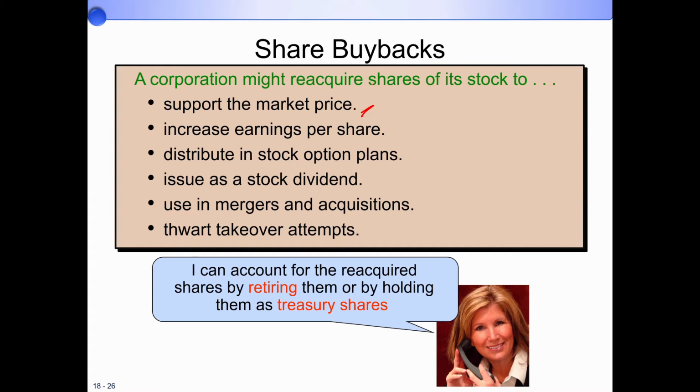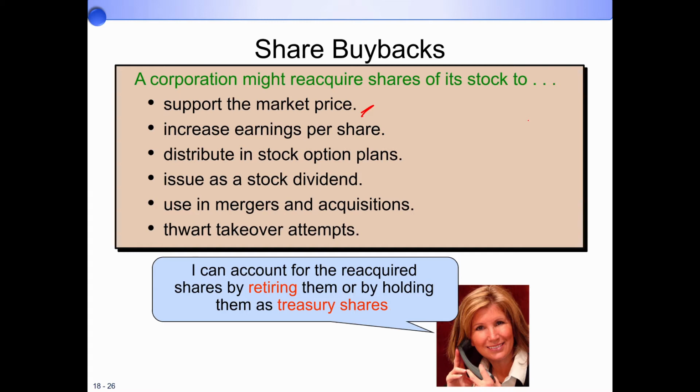That's why earnings per share is going to increase, right? Earnings per share is net income divided by the number of outstanding shares. So when outstanding shares decrease, earnings per share increases, which is good. So the company wants to support the performance, basically, so you can purchase back your shares.